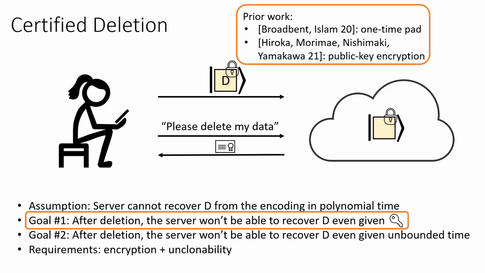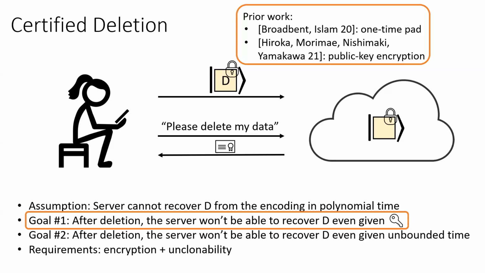And in their setting, because they're using some potentially only computationally secure cryptosystems, they're going to say that the adversary is polynomial time throughout the experiment. So they're polynomial time when they get the encryption, they're polynomial time after they produce the deletion certificate, but there they have received the secret key of the scheme. Okay.